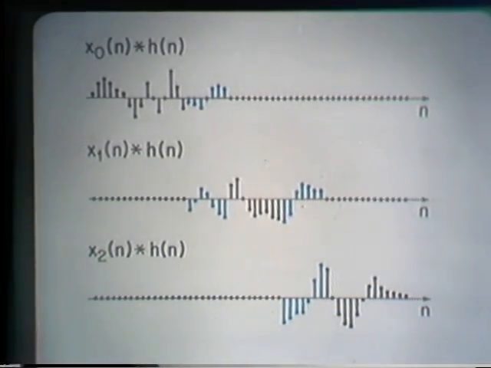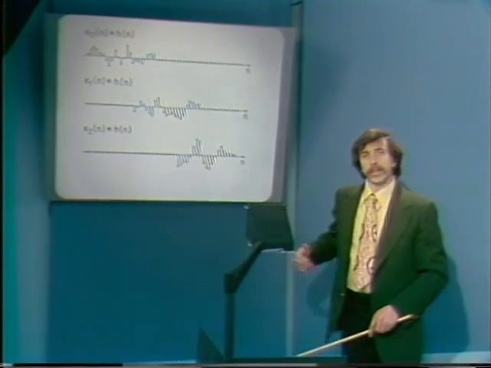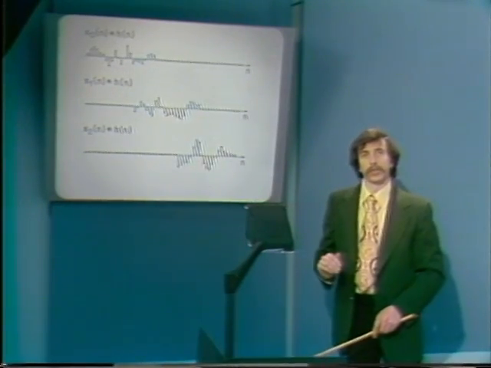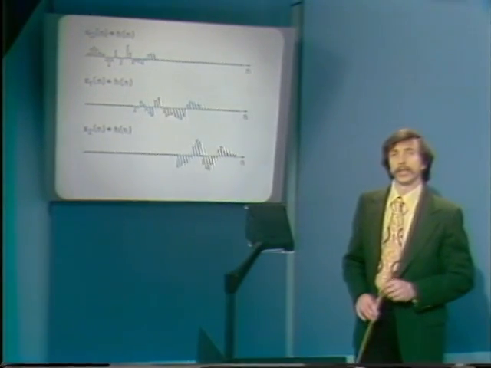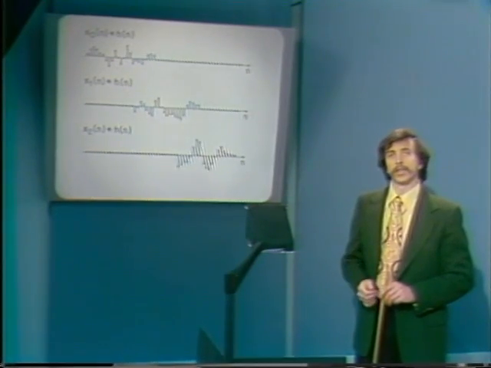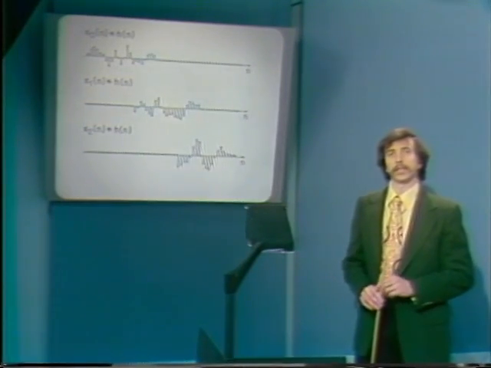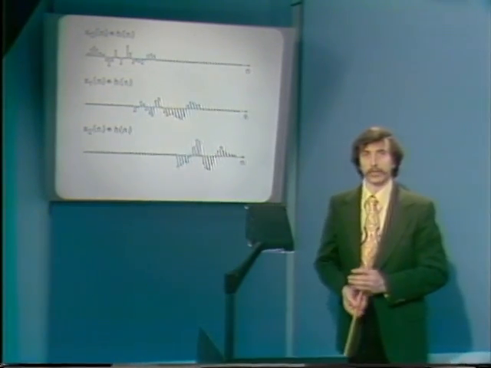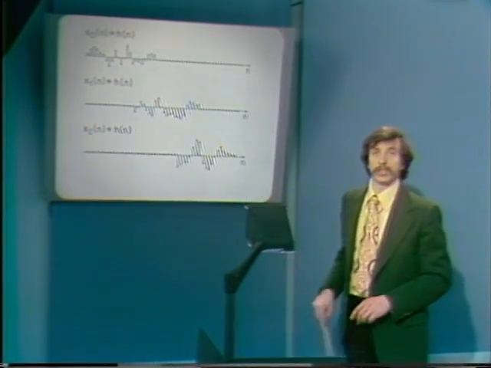There's also another method for sectioning using circular convolution and fitting the outputs together, which is referred to as the overlap save method, and that method is discussed in some detail in the text and corresponds basically to implementing a circular convolution of the sections rather than a linear convolution as we did here.